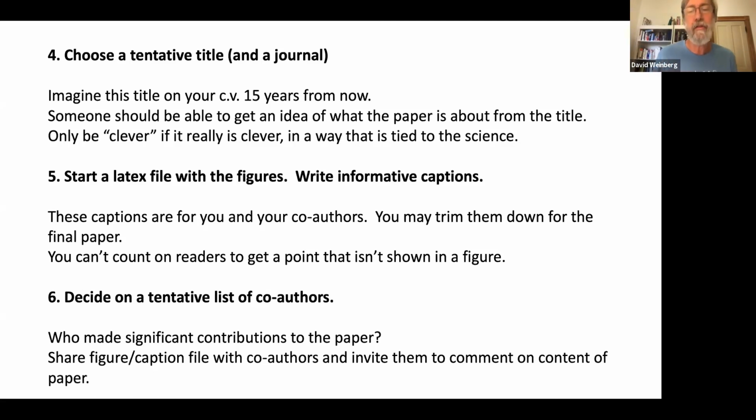So this is a way of starting to get down in words what your results are in a form that you can communicate to your co-authors. So they can be longer captions, but then you'll have to remember later on that you're going to have to trim them into some more usable form.